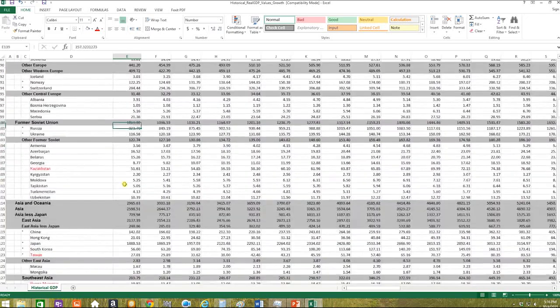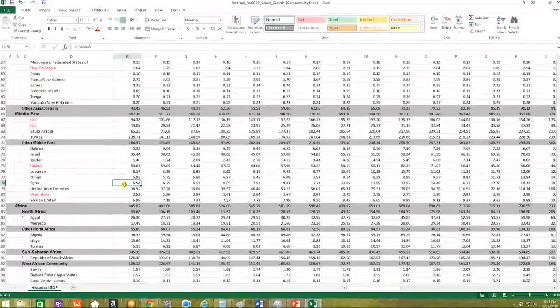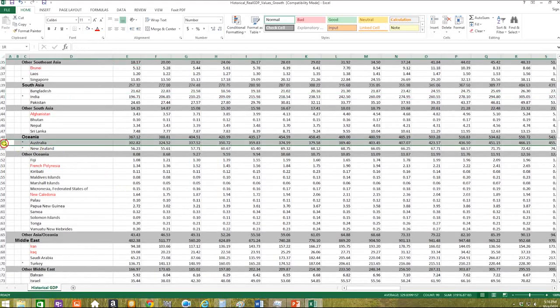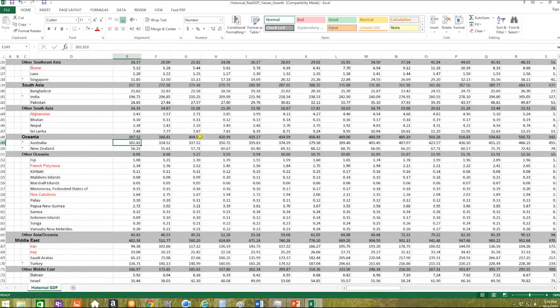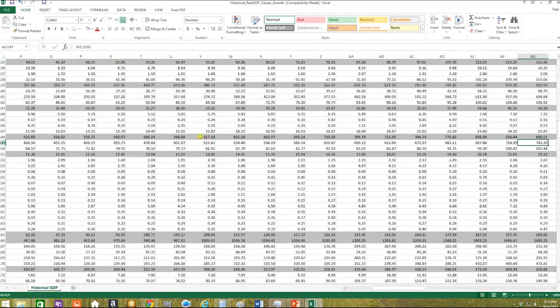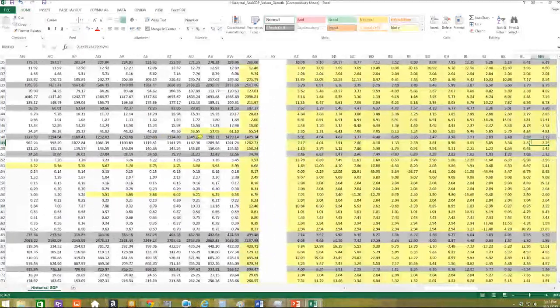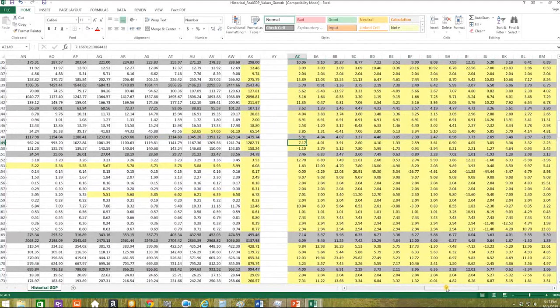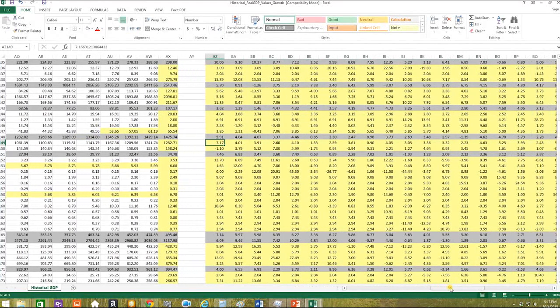So if we scroll down here to Australia on row 149, what we have here is the actual values of GDP on an annual basis, and then we have here the growth rates for each year.